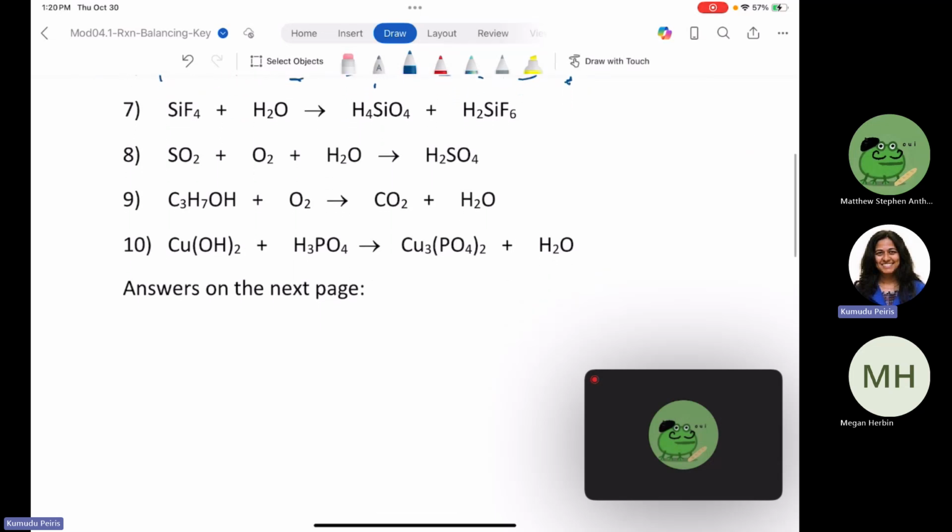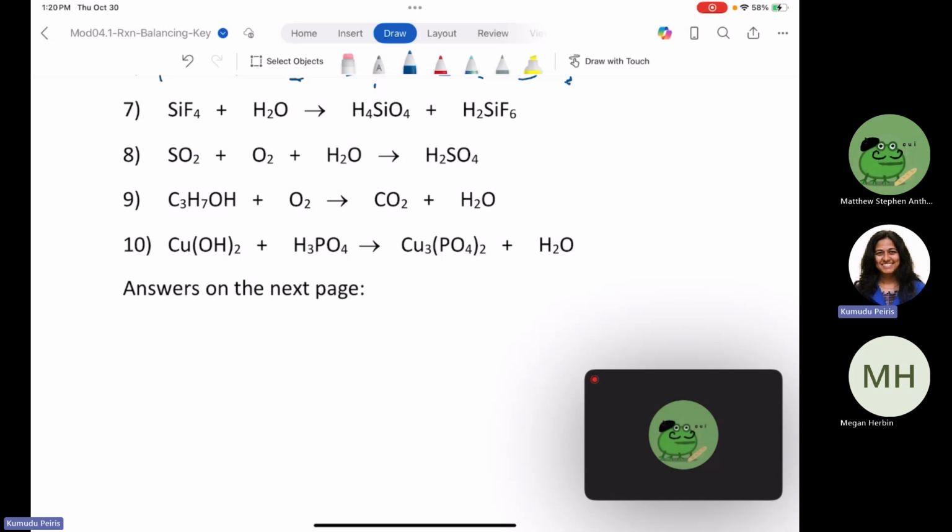Next one. Silicon tetrafluoride, H2O, H4SiO4, and H2SiF6. Okay, right.